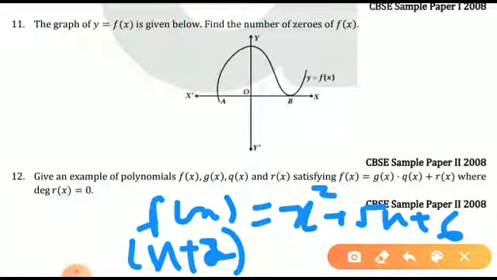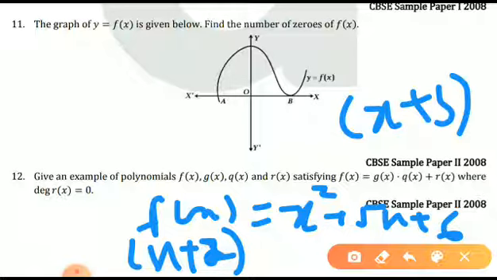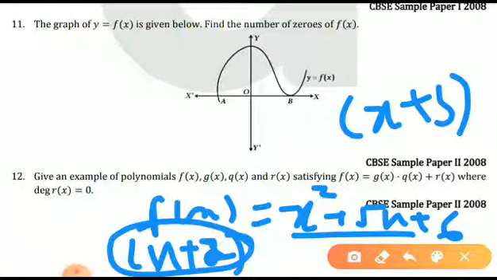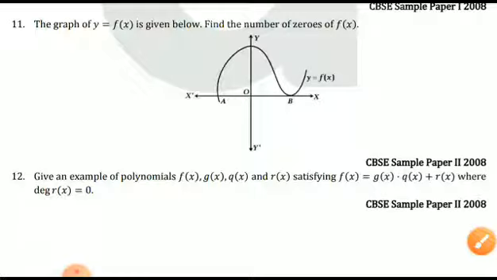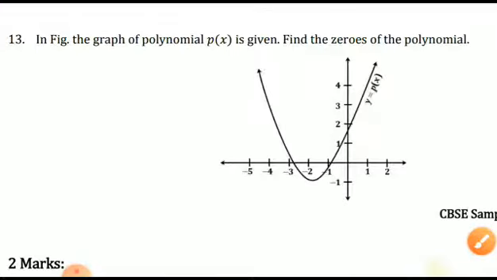And what will be my q of x? Q of x will be x plus 3. Okay. And here r of x will be equal to 0. Is that clear? You have to show that just divide this polynomial by x plus 2. Simple it is. And you will get the answer, and show that r of x is the 0 polynomial. So degree of r of x is 0. It will be satisfied. Okay.